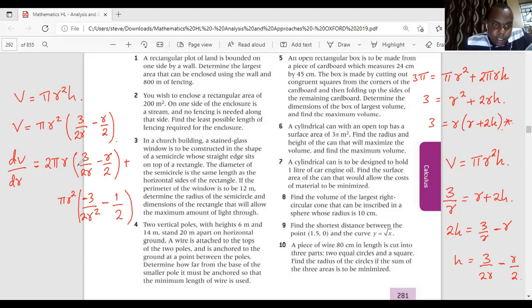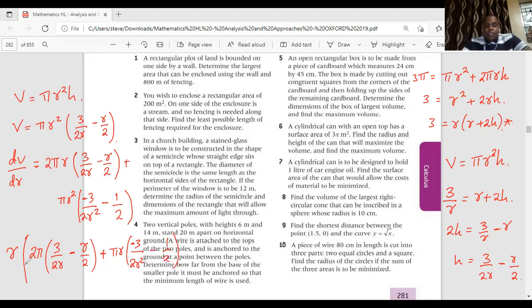If we equate this to 0, we could write it as r, and then we have 2 pi, and then you have 3 over 2r minus r over 2, and then this is going to be plus pi r, and then this is negative 3 over 2r squared minus 1 over 2.